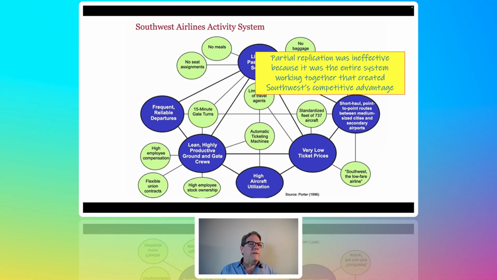They didn't get to the efficiency that Southwest had. At the same time, they were cannibalizing their primary brand. So it didn't work very well. Several large airlines tried to do it and failed to enter the business. So it's a great example of a very different model in a highly competitive industry.